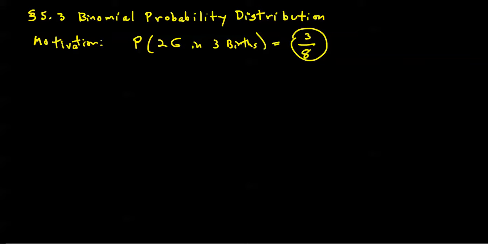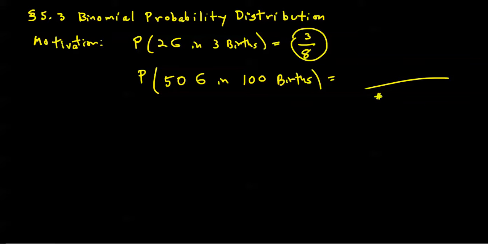sample space. Well, as a motivation, suppose I wanted the probability of 50 girls in 100 births. If I wanted that probability, well, my number of outcomes, which would go in the denominator, is 2 to the 100th power.